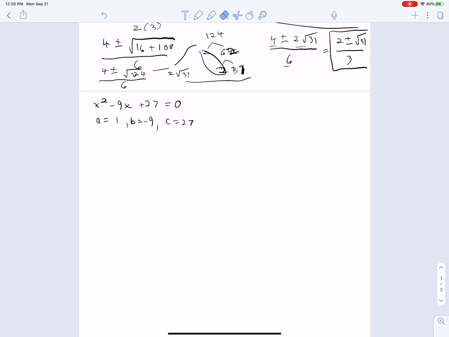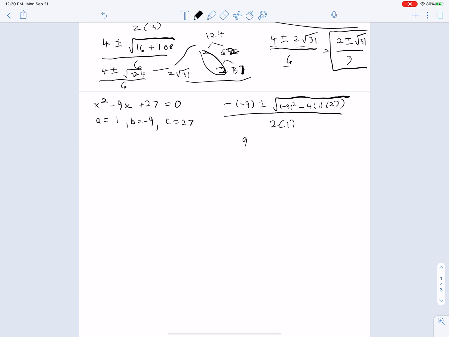So we have negative b, that's a -9, plus or minus the square root of b squared, that's -9 squared, minus 4 times a, which is 1, times c, which is 27, all over 2 times a, which is 1.